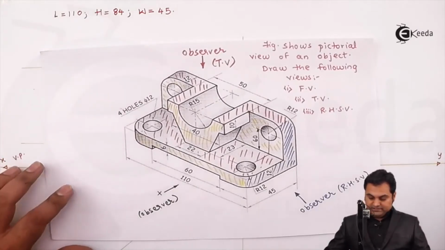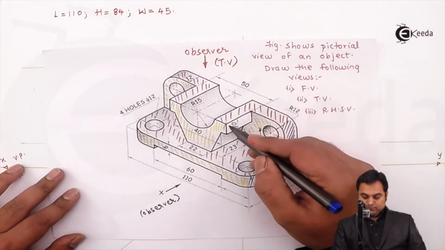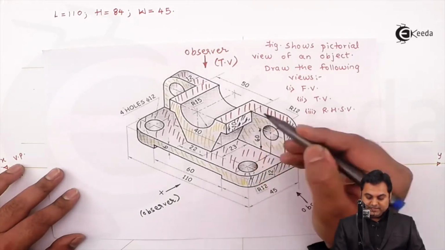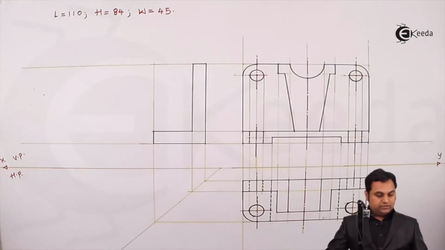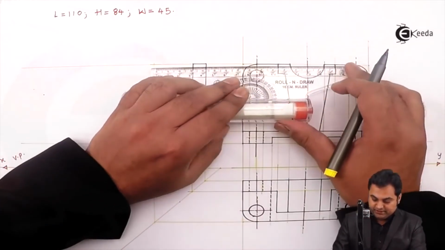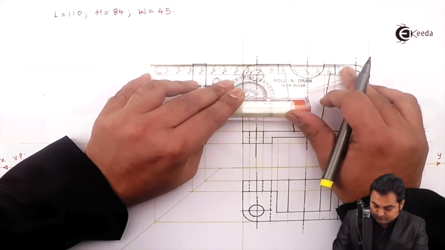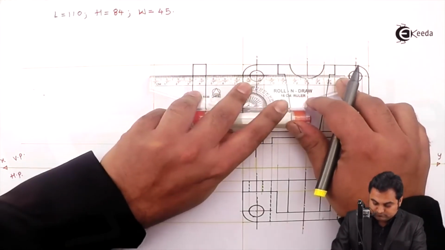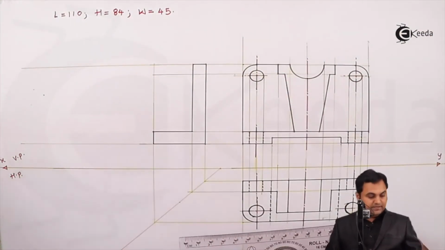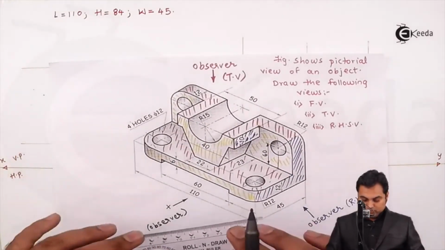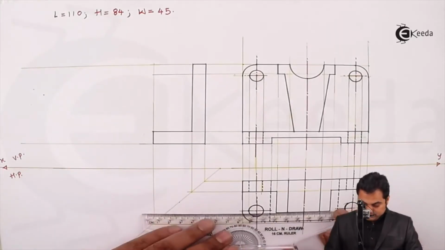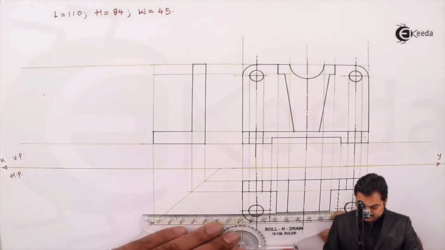Next, looking from the right hand side, also this rectangular plate is visible, having height 10 and the width is 23. So that plate is here in the front view. I'm projecting it into the side view. Next, the width of that plate, which is 23 mm ahead, I'll get it from the top view.